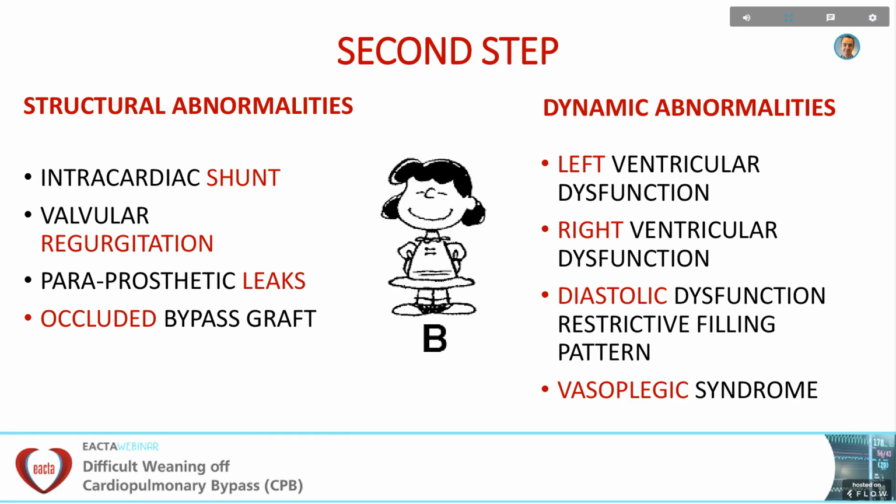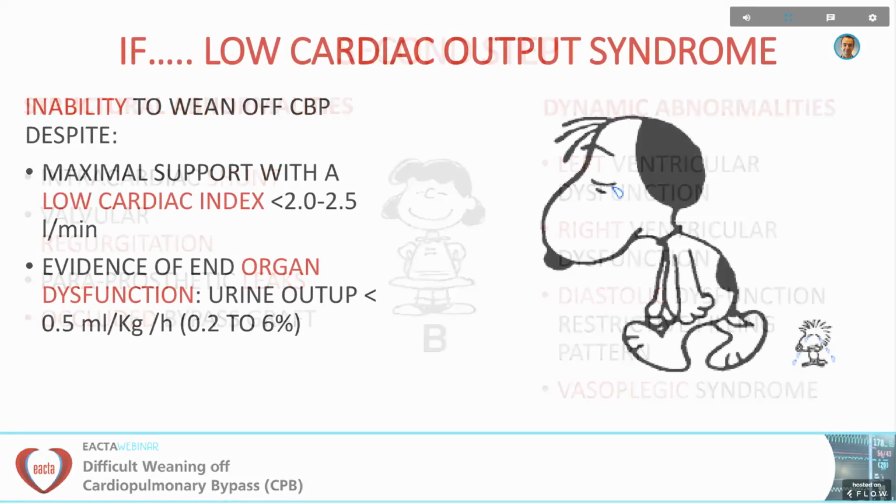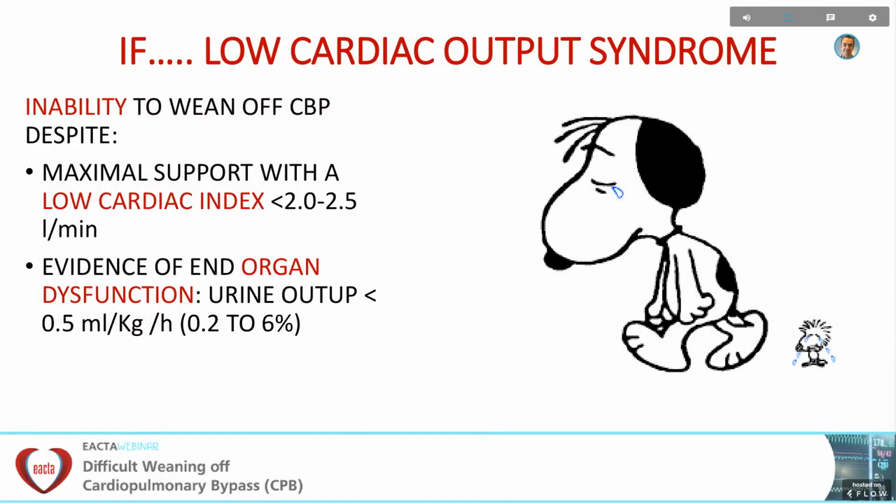But our principal feeling is to see if there are dynamic abnormalities, if there is a left ventricular dysfunction, if there is a right ventricular dysfunction, if there is a vasoplegic syndrome, or if there is a diastolic dysfunction. So if there is a low cardiac output, we need to define it very well.